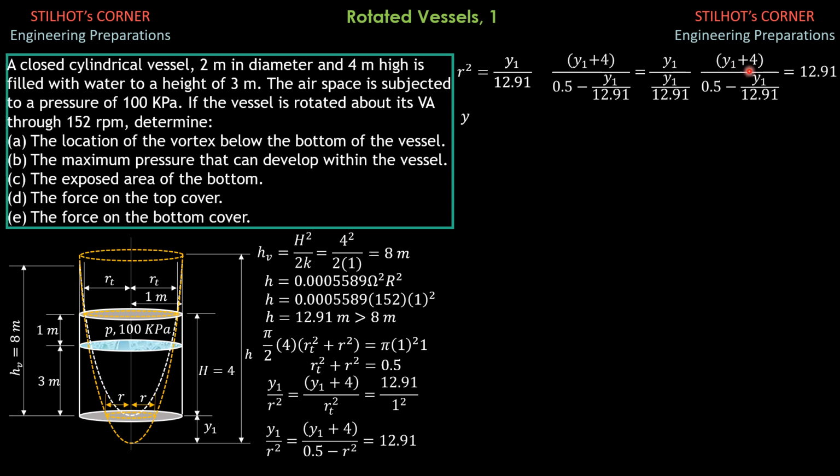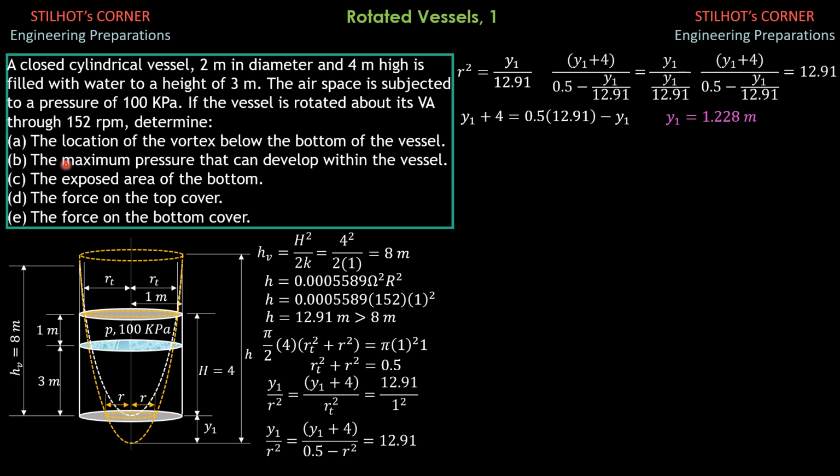Cross multiplying, y1 plus 4 equals 0.5 times 12.91 minus y1. So y1 plus y1, which is 2y1, equals 0.5 times 12.91 minus 4. That is, y1 equals 0.5 times 12.91 minus 4, divided by 2. We can now solve for y1, and y1 equals 1.228 meters. That's the answer for part A.